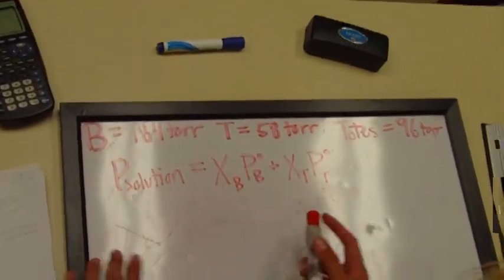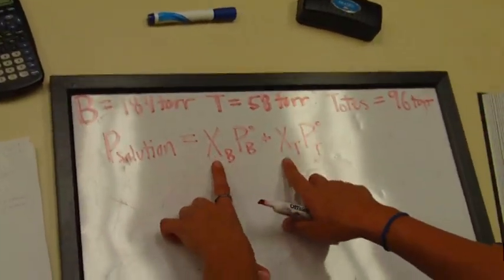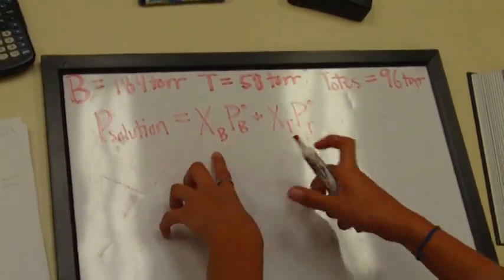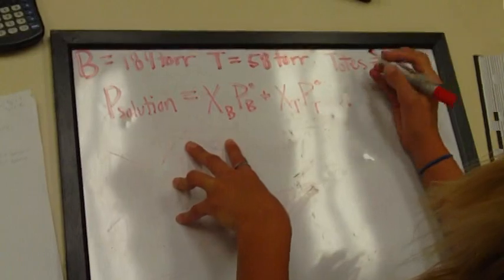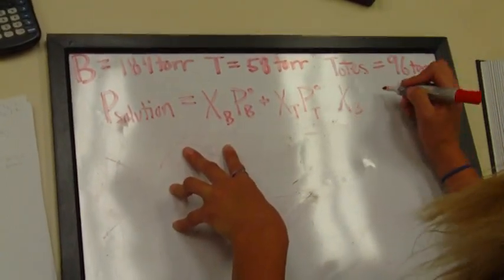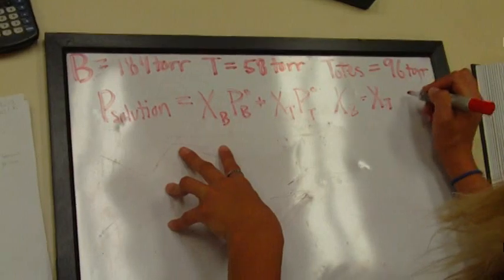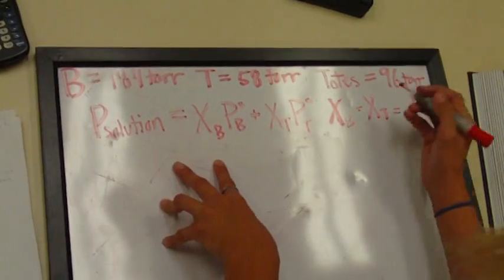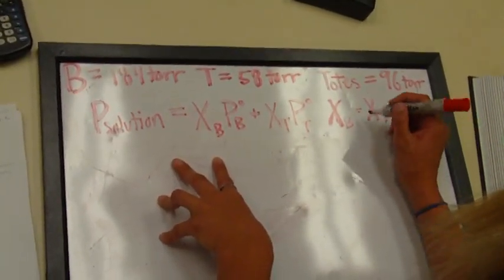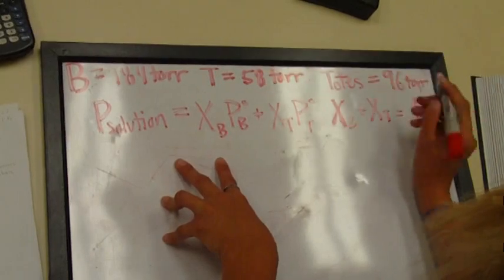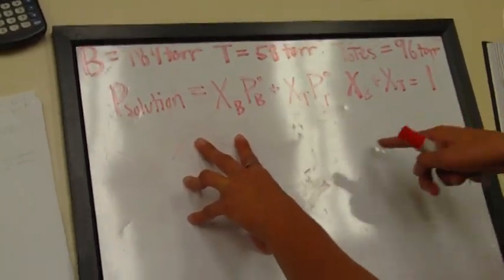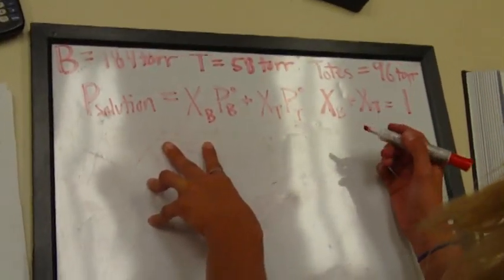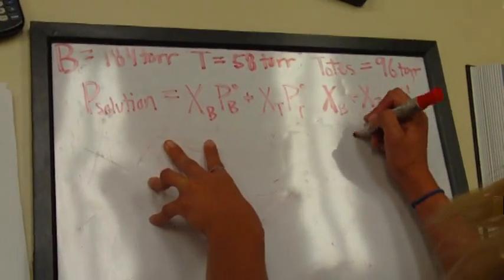So what we do know is that these are fractions which added together create a whole. So we do know that added together they should equal 1. The mole fraction of benzene plus the mole fraction of toluene is going to be equal to 1 because they're just ratios of each other in the total solution. Since we know that this plus this is 1, we can manipulate that using algebra to solve for one of them.